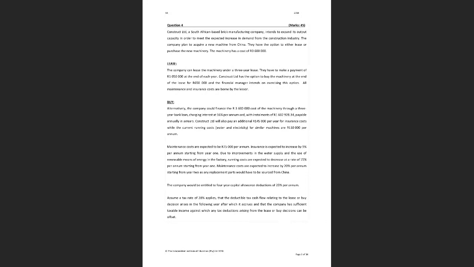So whatever the question or the machine is, they've got to give you that information. So this is where it gets tricky. With the costs, remember how many years is this? 3-year lease. So this is going to be a machine over 3 years.